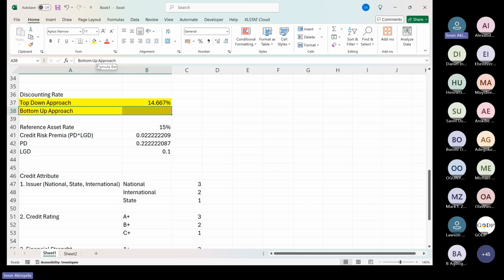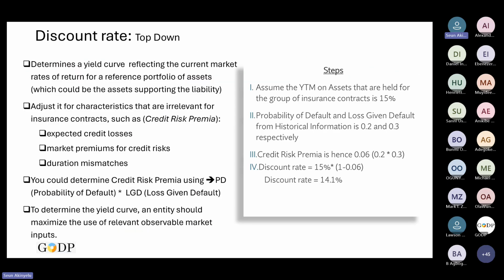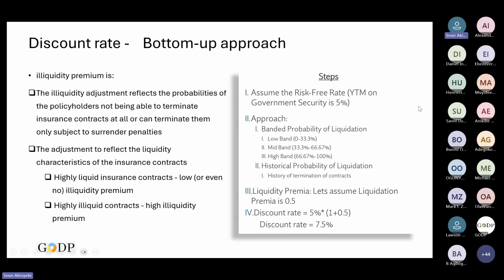If you are not in an insurance company, or you are not a consultant, you don't need this knowledge. This one is not for the exam; this one is for reality. Any questions? Can I go to bottom-up?